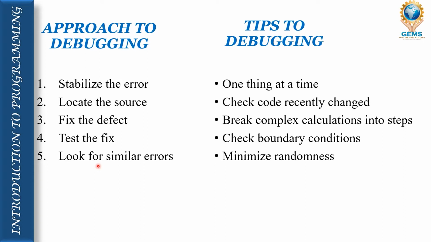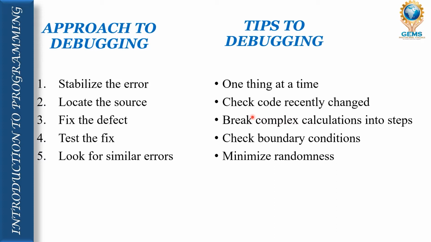Now tips for debugging. What are the tips we have to follow? First point says one thing at a time. That means at a time we must fix one error. Second point says check code recently changed. We have to check the code which was recently changed in our program.